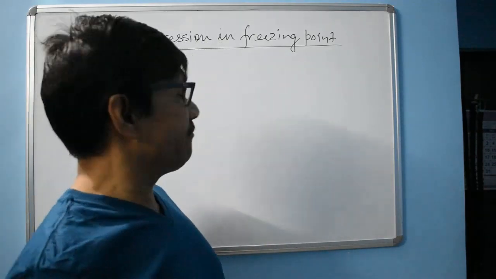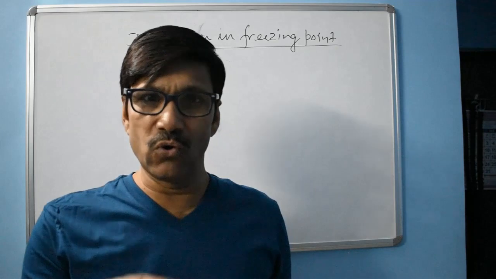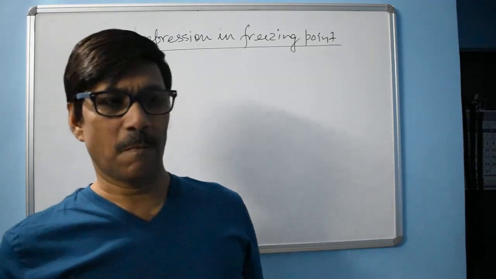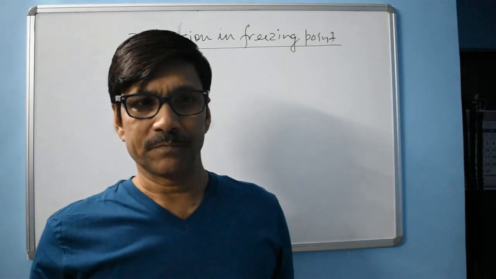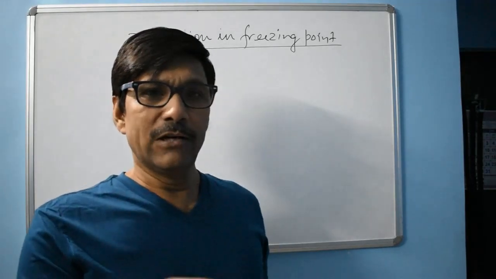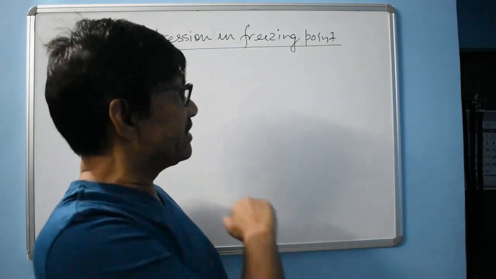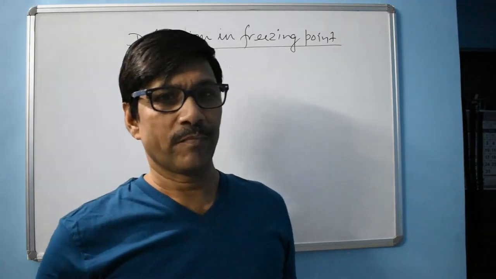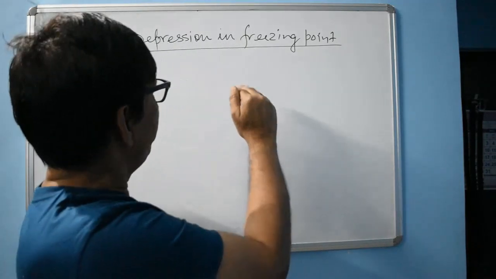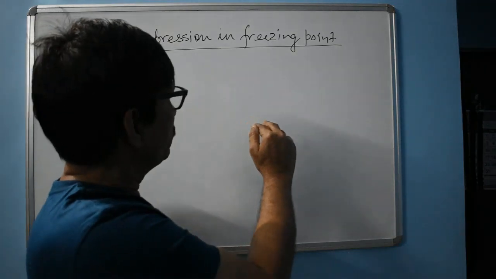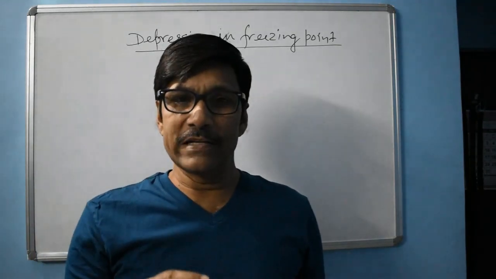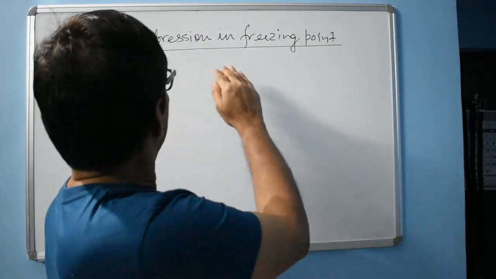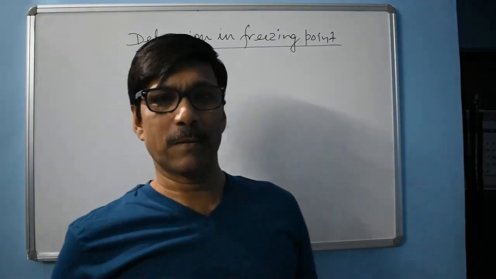Now instead of urea, if we add 180 gram of glucose or 342 gram of sucrose, that is 1 mole of the solute, then also the lowering or depression in freezing point will be 1.86 degrees Celsius. So this decrease in freezing point of a liquid due to presence of non-volatile solute is called depression in freezing point.